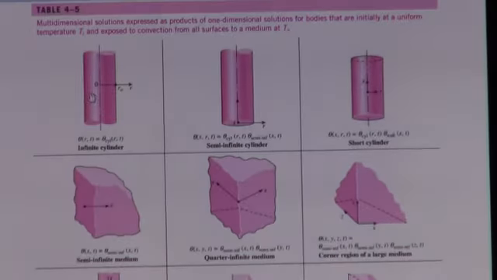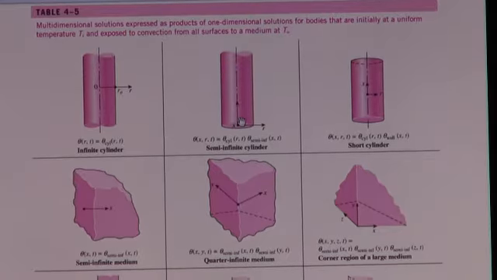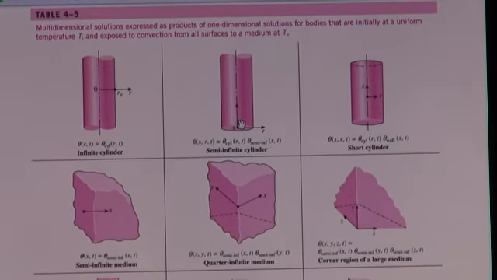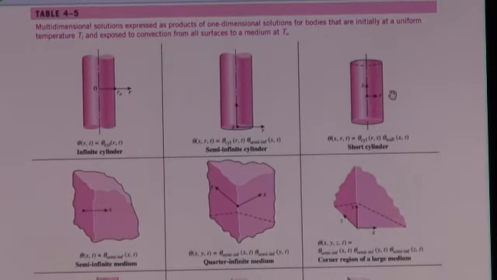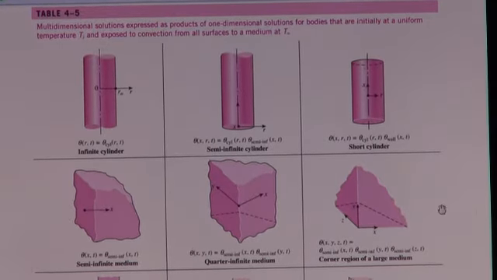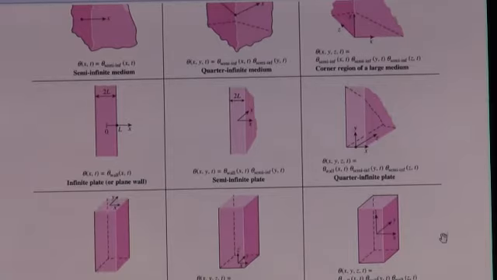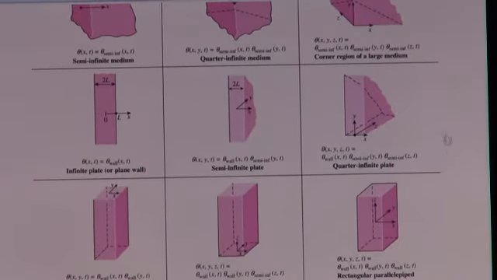Okay. So if this is the very, very long cylinder, then we are interested to know what happens with the temperatures close to that end of the cylinder. This is the cylinder of the short cylinder that we've done just now. And then there are different types of bodies. Okay. Plane walls, corners, etc.